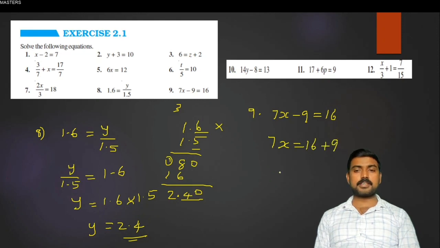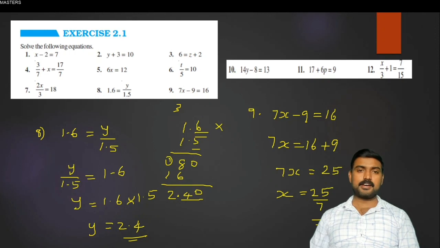So we get 7x is equal to 16 plus 9, we know that is 25. And 7 is multiplying here. If it is transposed to the right side, it will be what? Division. So 25 divided by 7. So this is the value of x. It is not perfectly divisible, so we can write 25 by 7 as the answer.